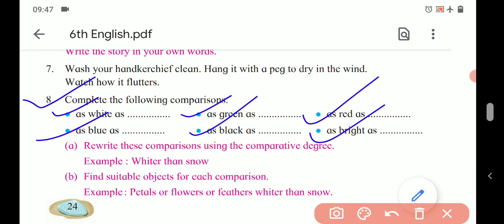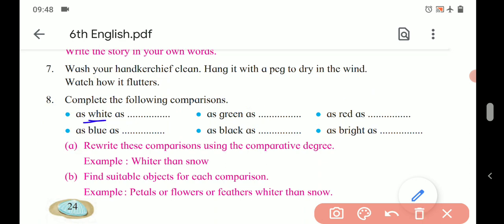Now further, rewrite these comparisons using the comparative degree. What is comparative degree? When we tell that someone is better than another, or when someone is not better than another, at that time the comparative form is used. Just like here, white becomes whiter, right? As white as snow, so comparative, whiter than snow.